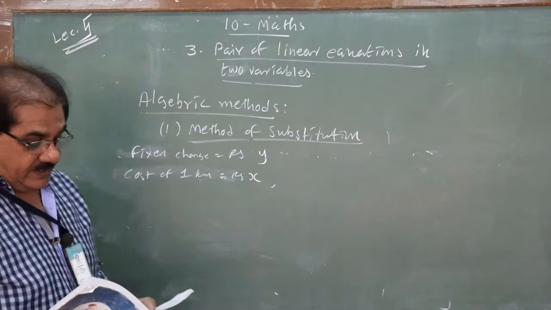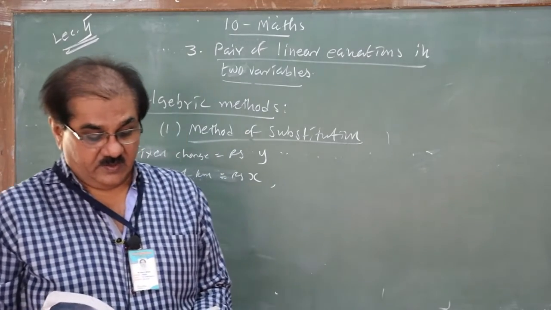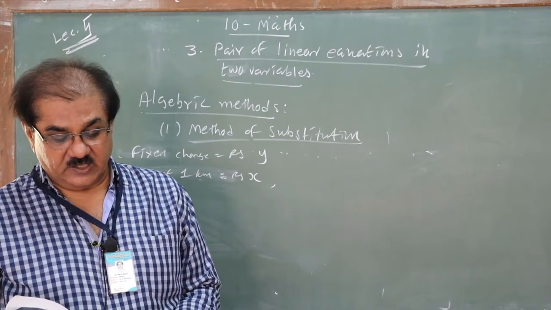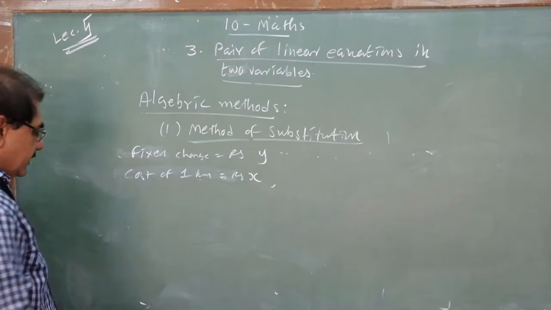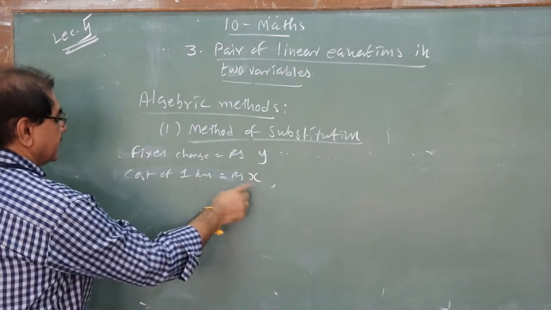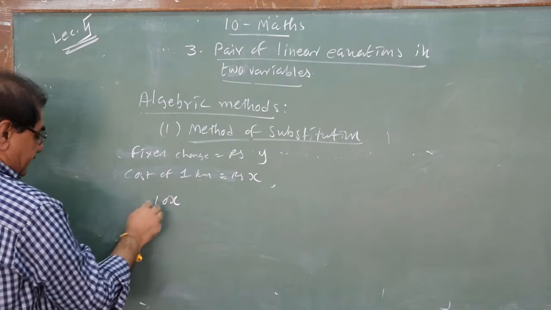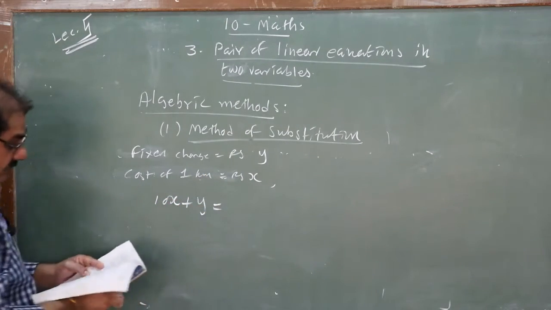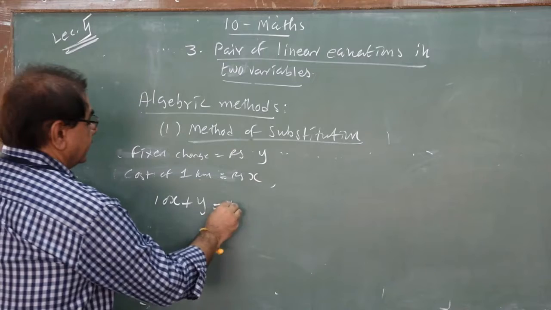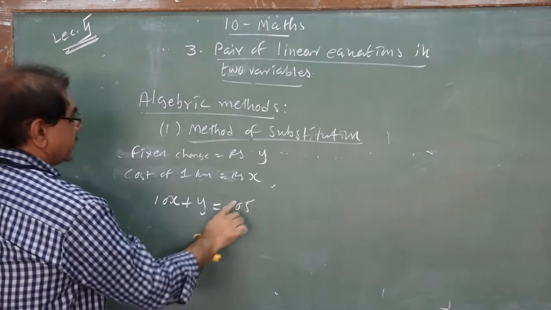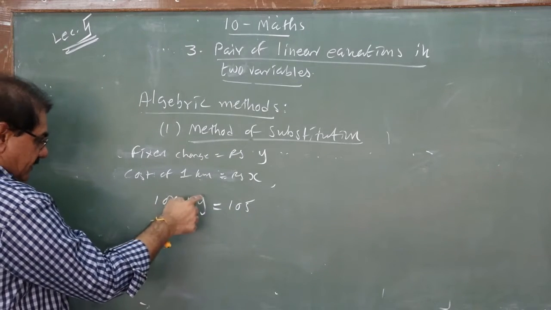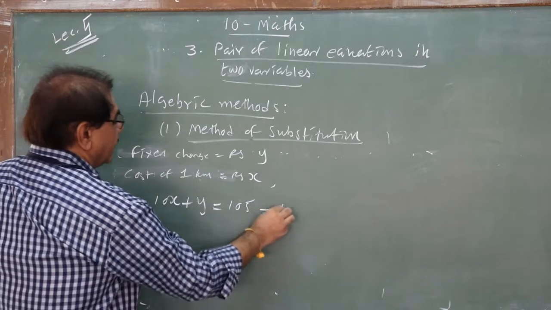Now what is that? For the distance of 10 kilometers, the charge is rupees 105. So 1 kilometer is x, so 10 kilometers is 10x plus the constant charge y is equal to 105. So the charge for 10 kilometers of traveling plus the fixed charge is equal to 105.